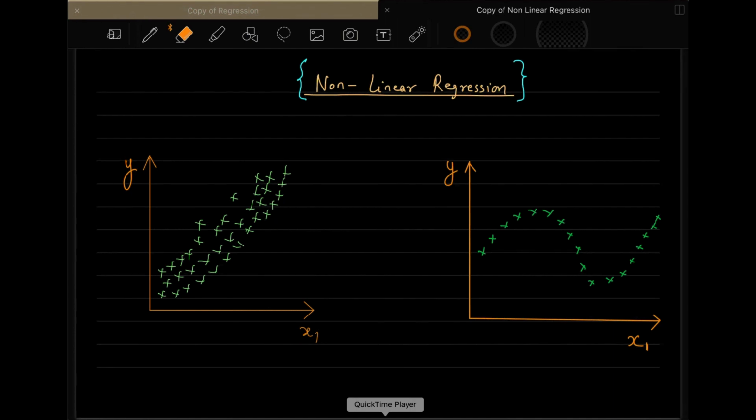The behavior of the data set on the left is something like this, whereas in the data set on the right, the behavior is something like this.